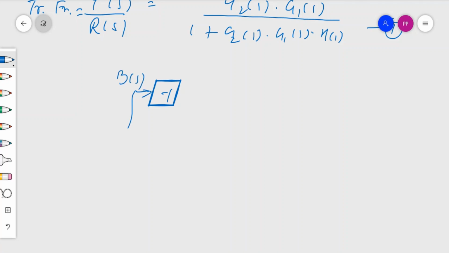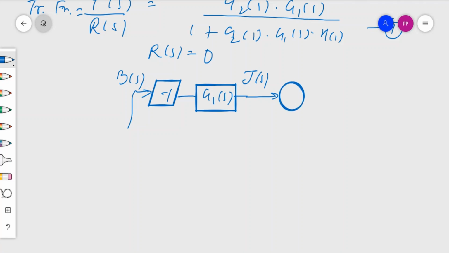Now RS is 0, and the signal after negating it goes to G1S, so I can say that this is a new signal. I name it JS. We have mentioned that one of the two inputs is QS, which is added to the system.